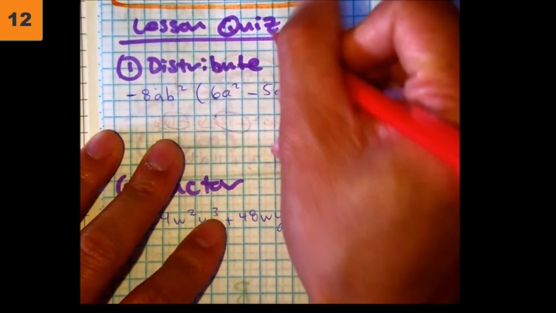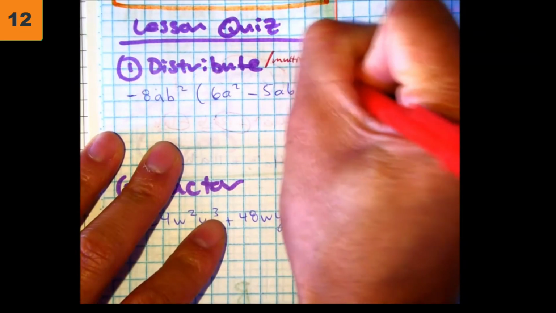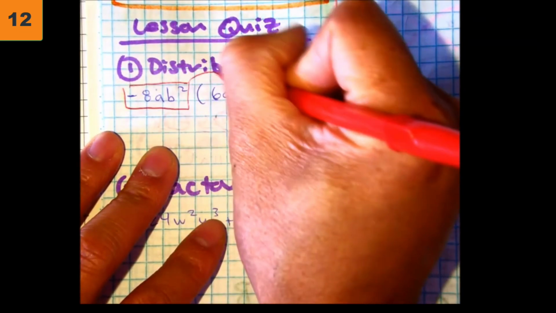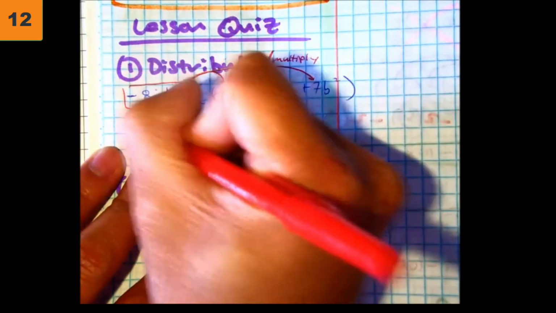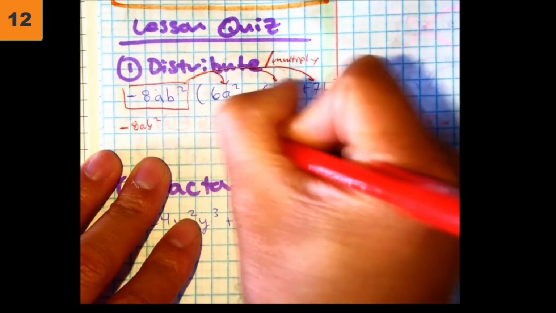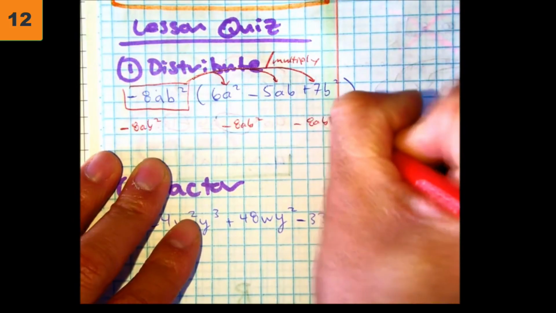Distribute means which math operation? Multiply. So you probably did something like this with the arrows, right? So you have negative 8ab squared, negative 8ab squared, negative 8ab squared.